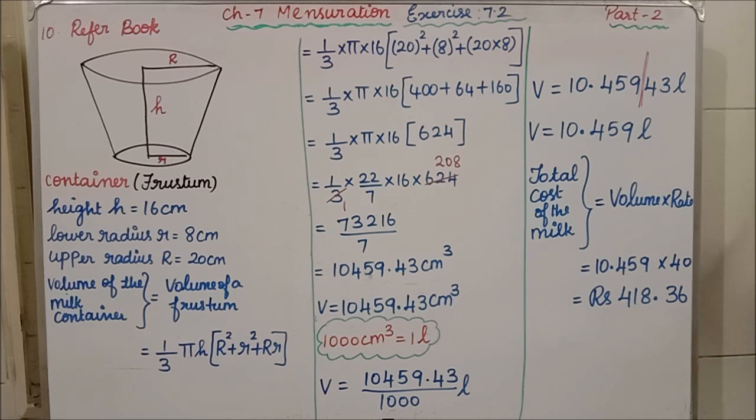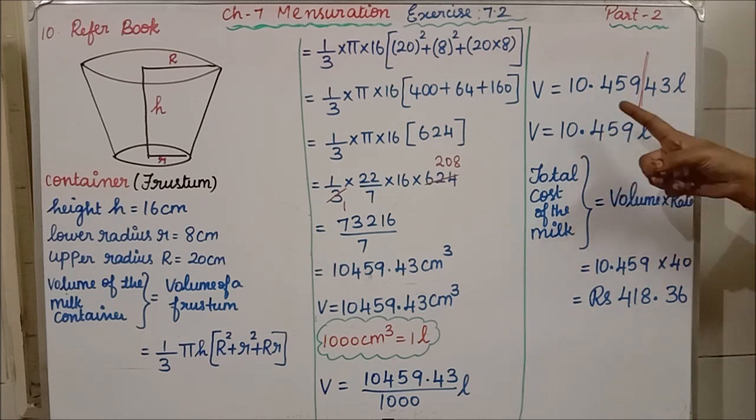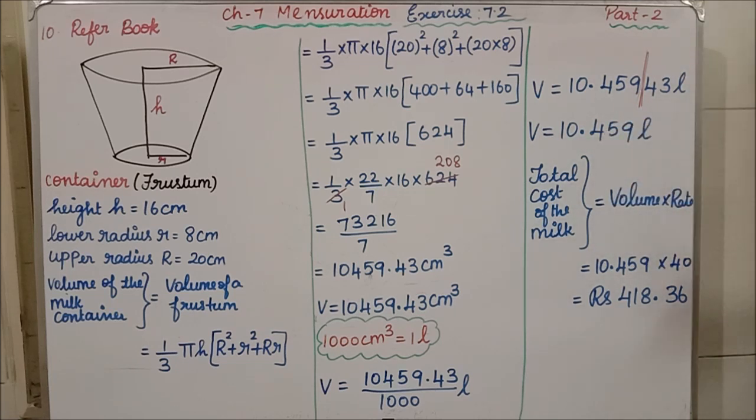Volume of the frustum, what answer have we got? 10.459 liter into per liter cost is 40. Multiplying, I am getting the answer as 418.36. That is 418 rupees 36 paise.